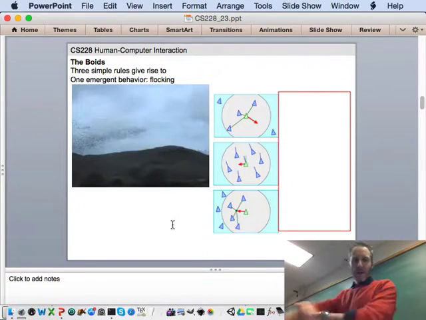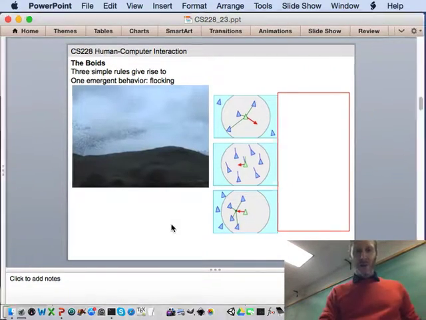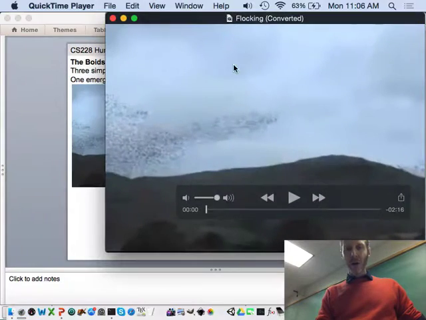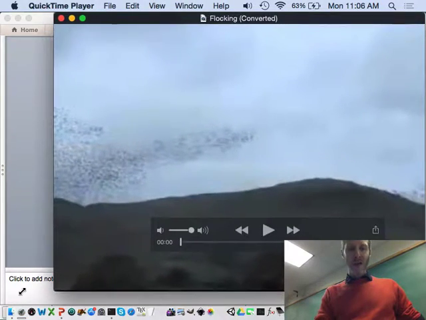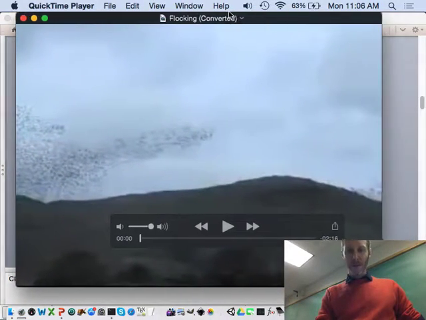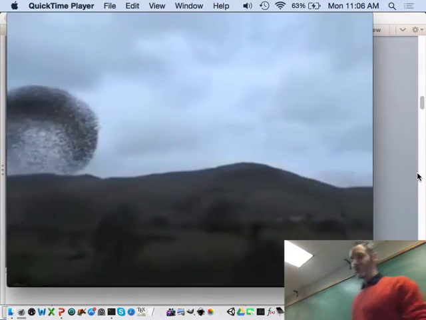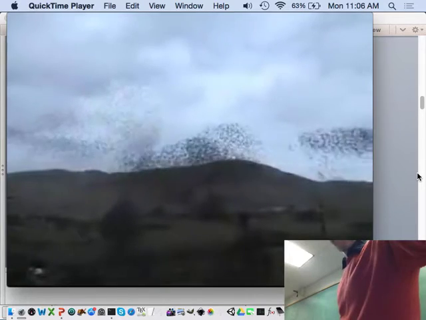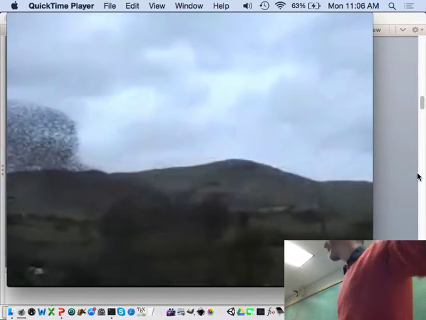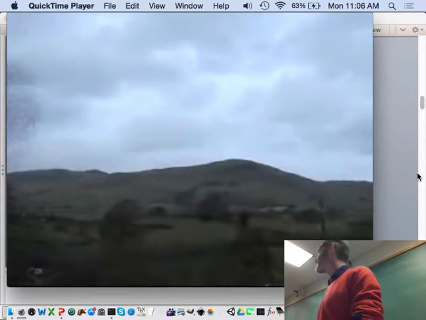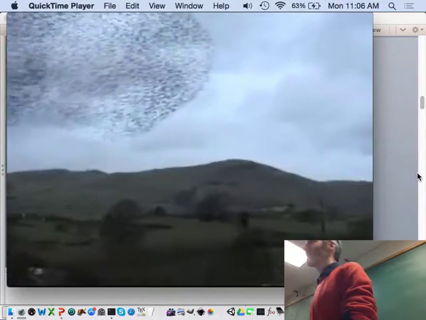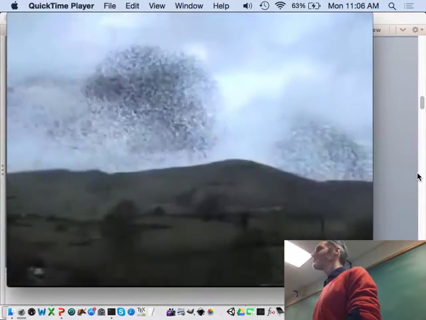Okay. Let's move forward in time a little bit. So obviously, if we want to build robot swarms, there are a lot of examples of swarms in nature. Here's a great example of a particular species of birds doing what certain species of birds do best, flocking. Any biologists here?